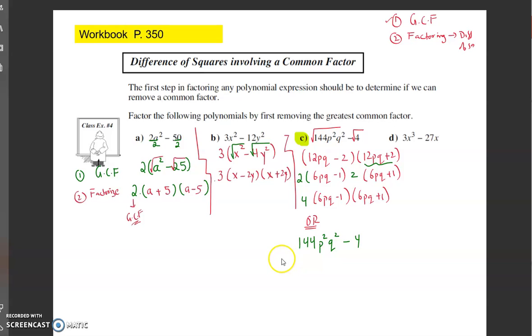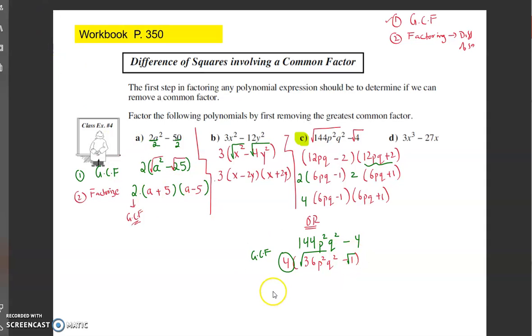I would actually take a 4 out first, leaving me with 36p squared q squared minus 1. So what I did here is take my GCF out first rather than later, and then do a difference of squares.